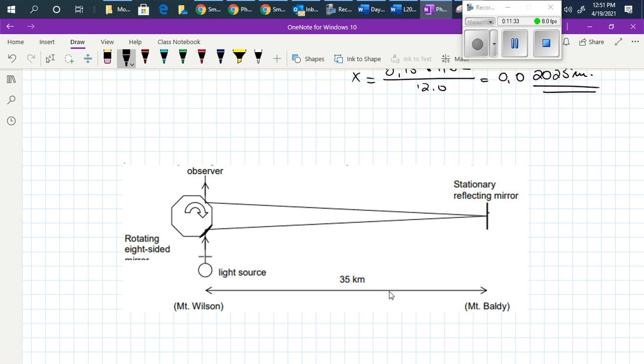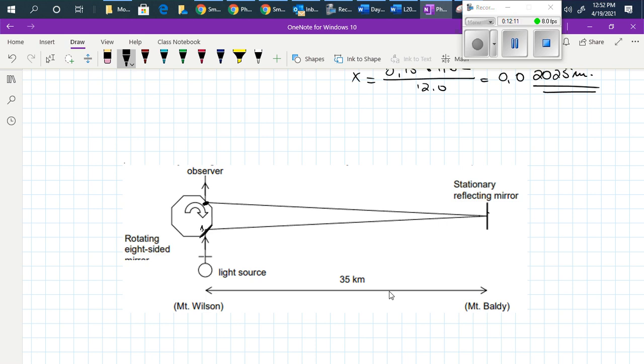At the same time, the sided mirror was rotating. The genesis of this experiment was that during the time it took light to go from the sided mirror to the reflective mirror and come back, the sided mirror has to rotate so that when the light is coming back, it will hit the same side.